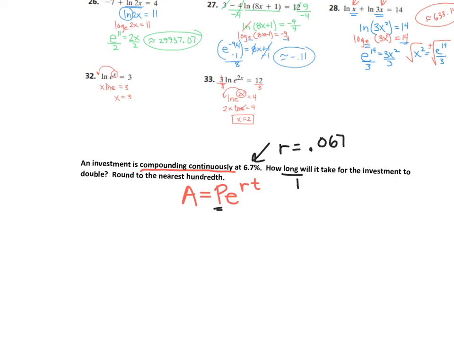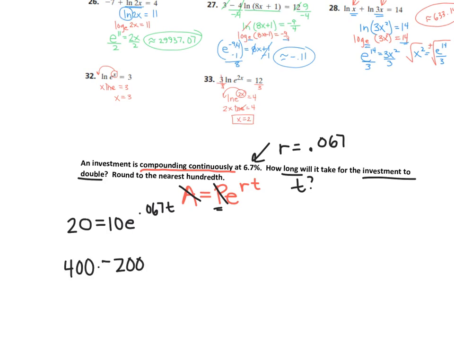How long, so you're going to want to find the t, will it take for their investment to double? So if the investment doubles, the A is going to be twice the P. So it doesn't matter if you start out with $10 and you get 20, or if you start out with $200 and you end up with doubling that, to get 400, no matter what, if you divide both sides by P, you're going to get 2 over here.